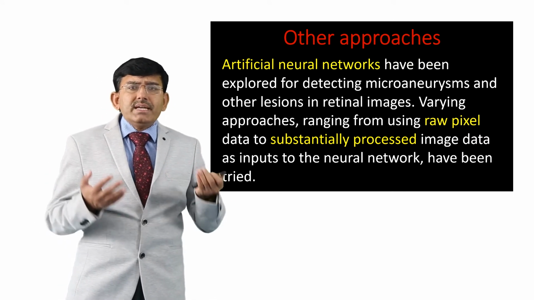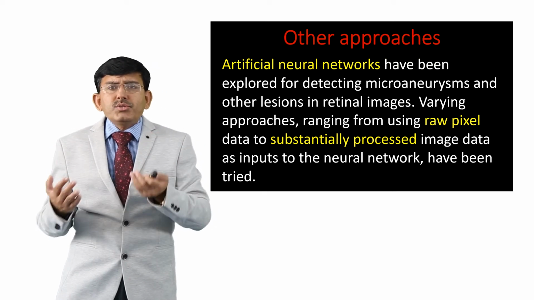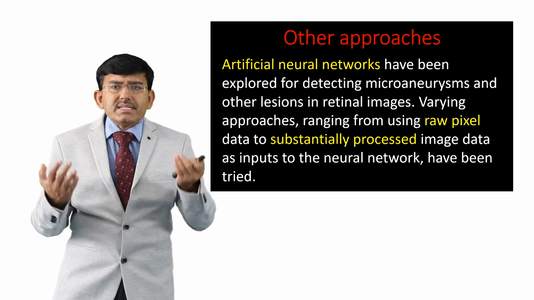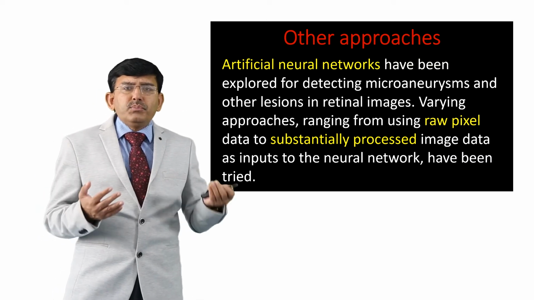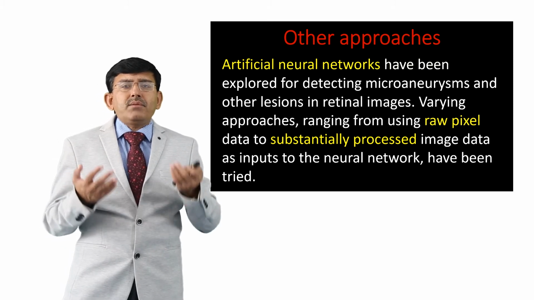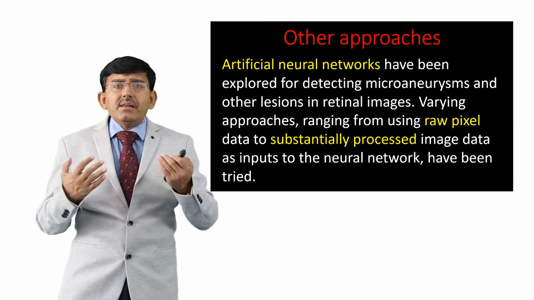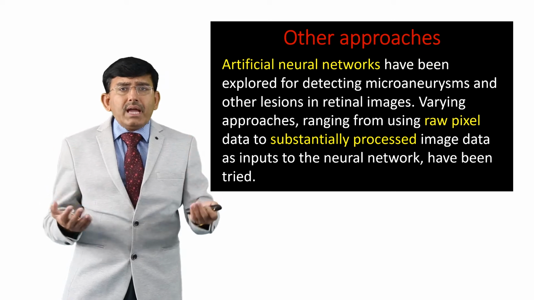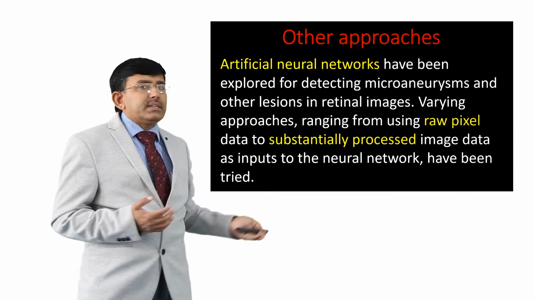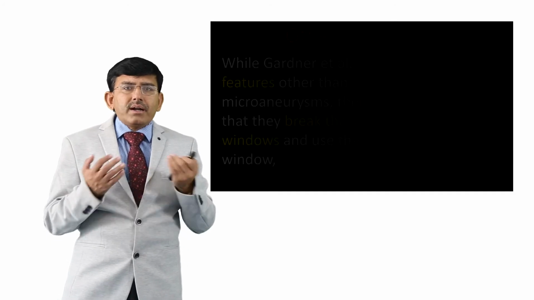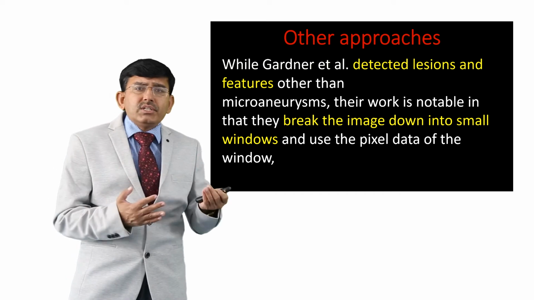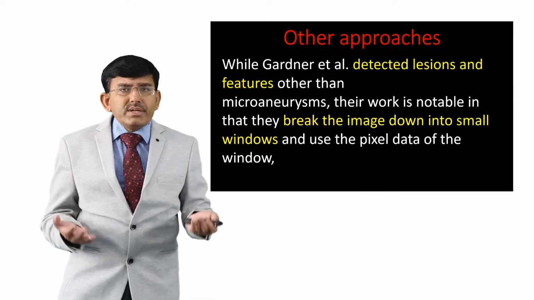Varying approaches, ranging from using raw pixel data to substantially processed image data as inputs to neural networks, have been tried, and by following that machine learning approach they have got very good detection of lesions, while Gardner and his group detected lesions and features other than microaneurysms.